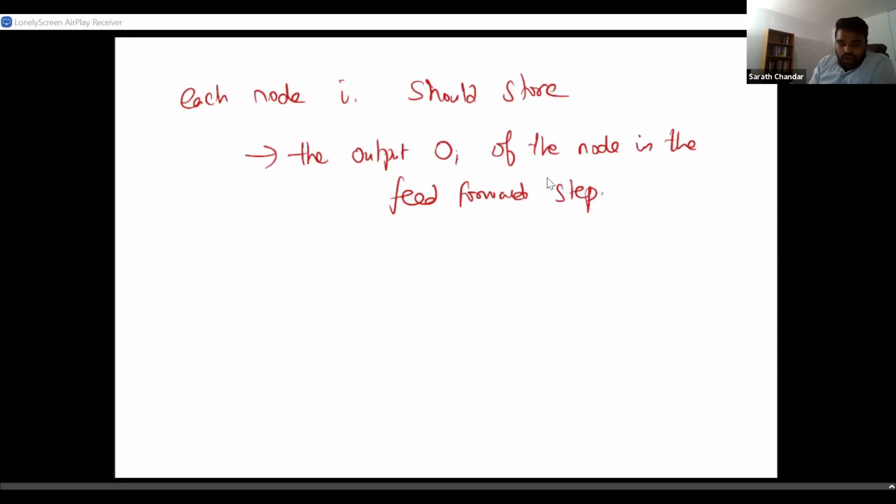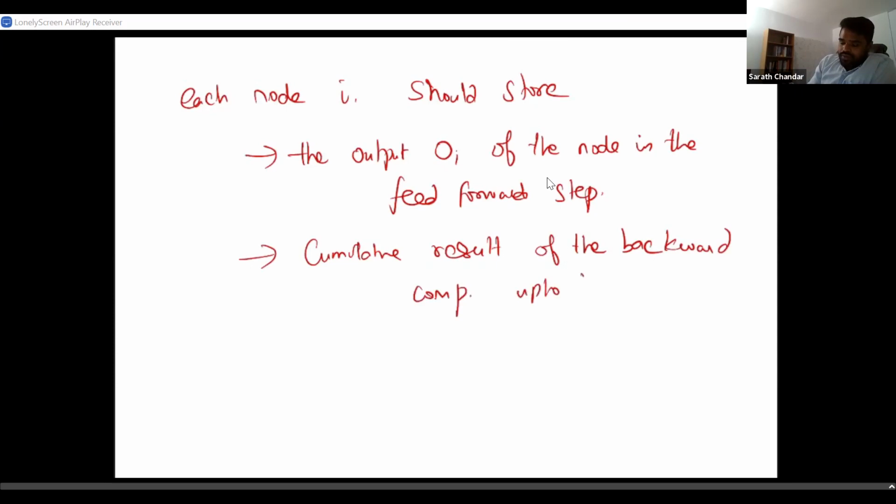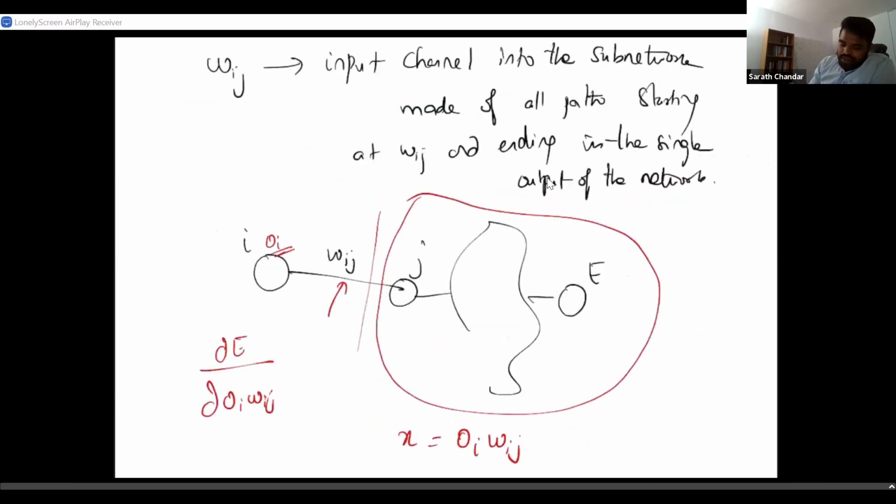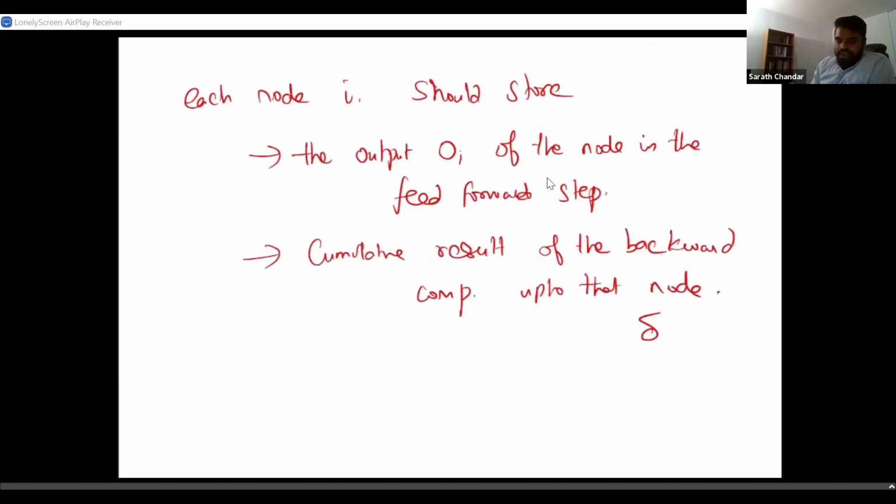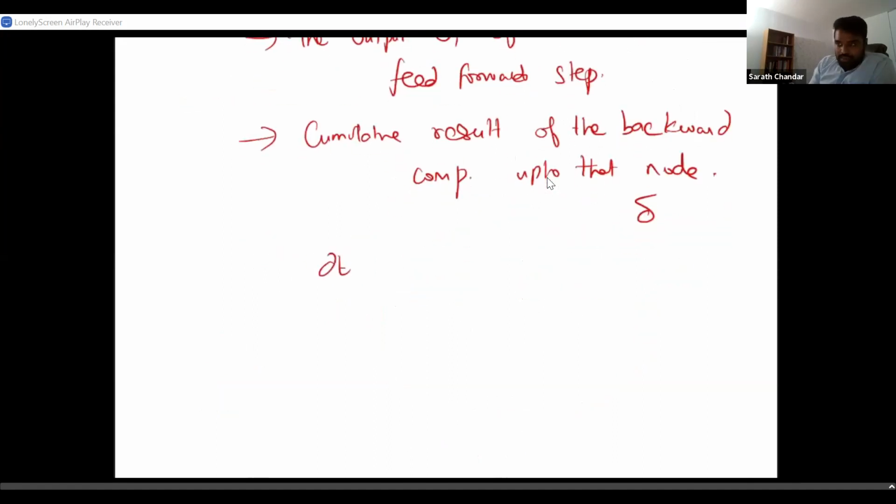It should also store the cumulative result of the backward computation up to that node. We are going to call that del. So whatever value of backpropagation I get here, let's call that del. Now dou E by dou wij simply becomes OI multiplied by del j.